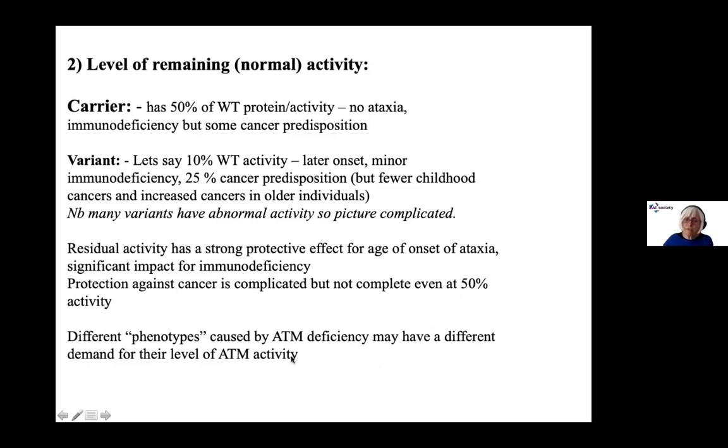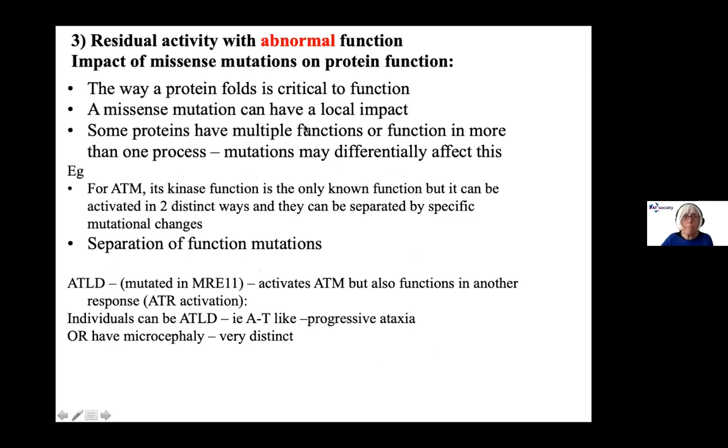So the different phenotypes, i.e. different traits caused by ATM loss, may differ in their demand for the level of residual activity. And cancer in general is quite demanding. Even if you're a carrier, you still have some cancer predisposition.